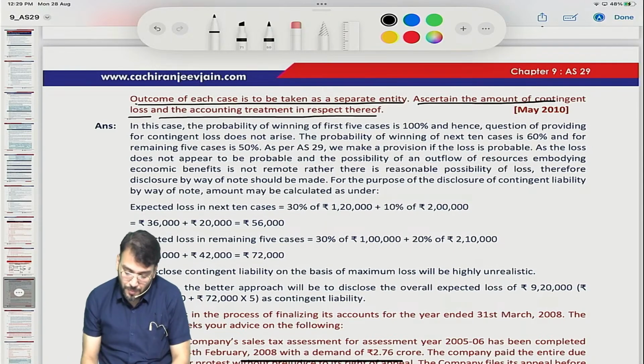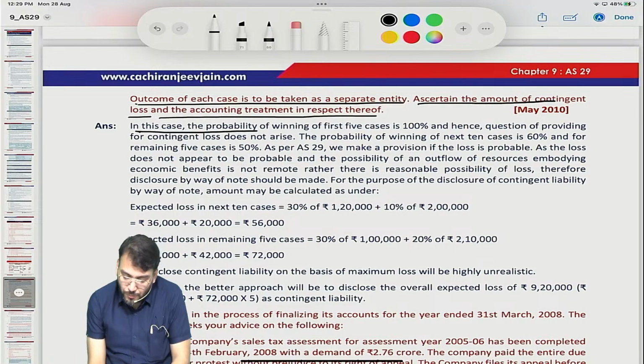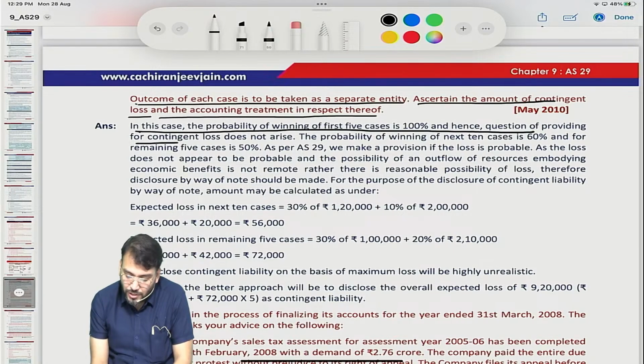Now, in this case, probability of winning of the first 5 cases is 100%, and the question of providing for contingent loss does not arise. The probability of winning the next case is 60%, and for remaining case is 50%. As per AS 29, we make a provision if the loss is probable.